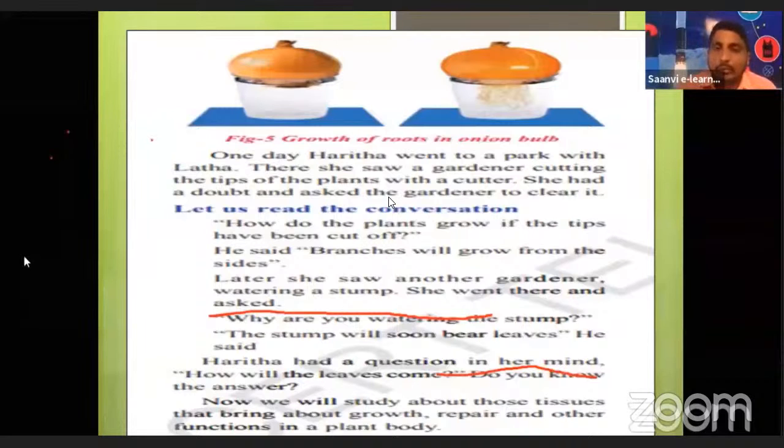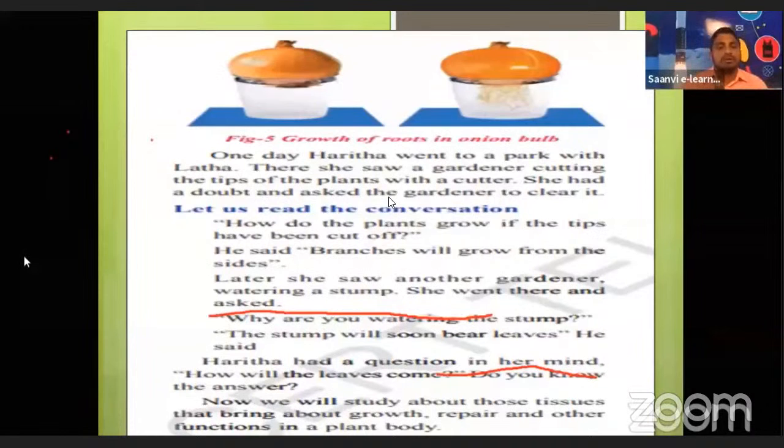There she saw a gardener cutting the tips of the plants with a cutter. She had a doubt and asked the gardener to clear it.